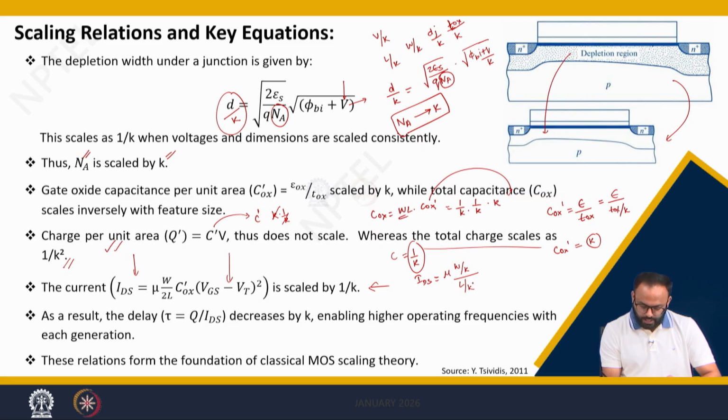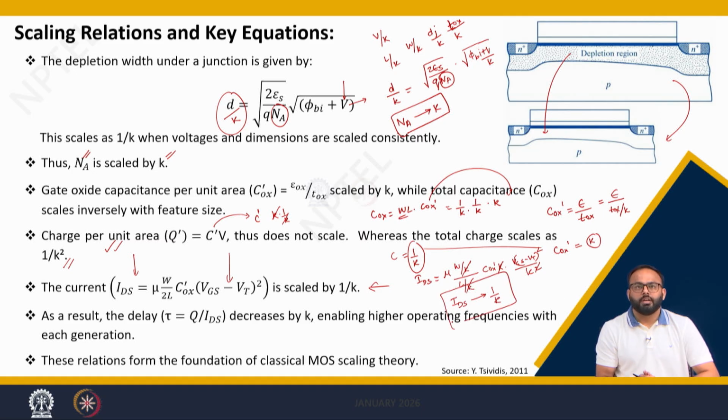L will be scaled by k. COX dash will be multiplied with k. VGS minus VT. So, all voltage will be scaled by k. So, ultimately you will get what? VGS minus VT whole square divided by k square. So, ultimately you will get the current is scaled by 1 by k in short channel devices, right.